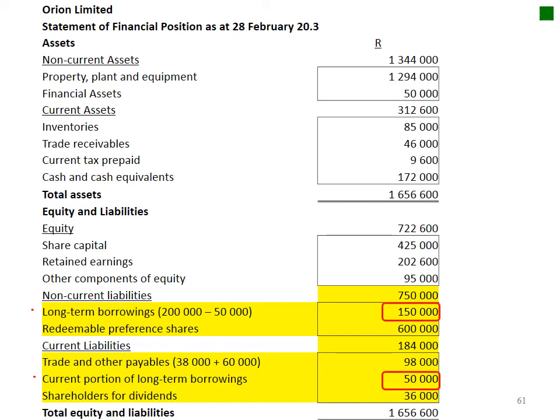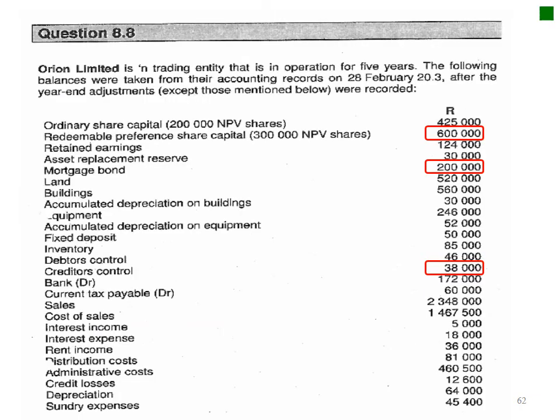So the long-term borrowings, first of all, you will see here I've got an amount of 200,000 and I've taken 50,000 and I've shown that as the current portion. In other words, that's the amount of the long-term borrowing that has to be repaid within the next 12 months. So if I add the 150 and the 50 together, it gives me the 200,000, which is the balance on the trial balance. If you look on the trial balance, it says mortgage bond.